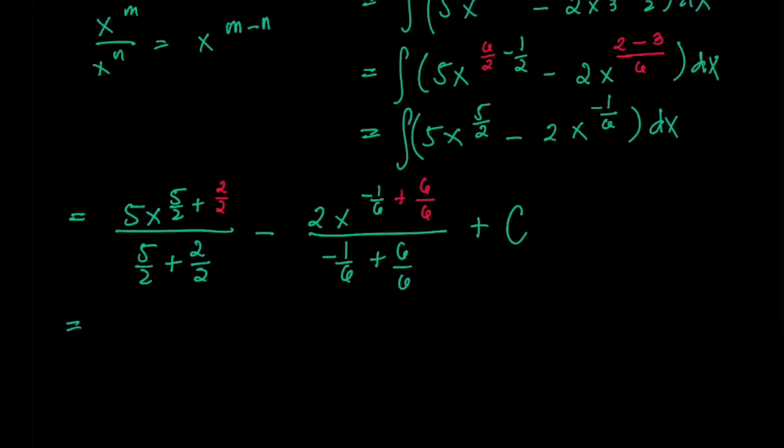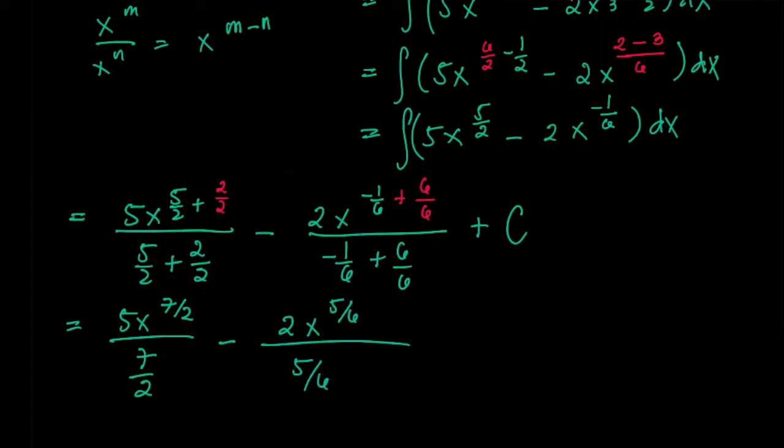Now, to further simplify, 5x raised to 5 plus 2 is 7 halves, all over 7 over 2. Minus 2x raised to negative 1 plus 6 is 5 over 6, all over the same exponent, which is 5 over 6, plus c.